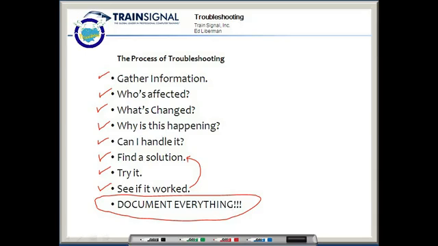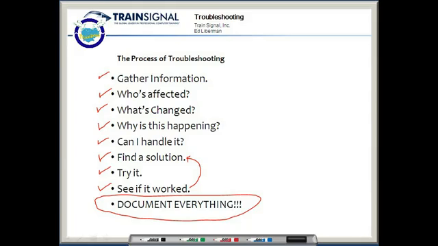Document every detail. And by the way, when I say document every detail, you might even want to include the solutions that you tried that didn't work. Some of the best knowledge base articles that I've ever read were knowledge base articles that said, okay, here's a problem, this is what causes the problem, and here is the resolution to the problem. And then along with that are other common resolutions that don't seem to work.